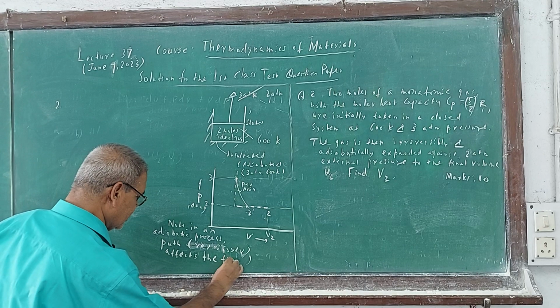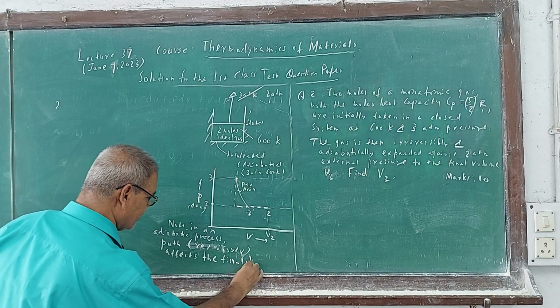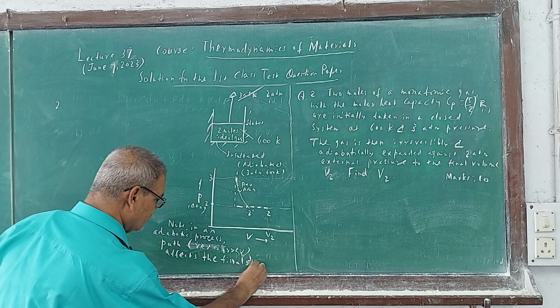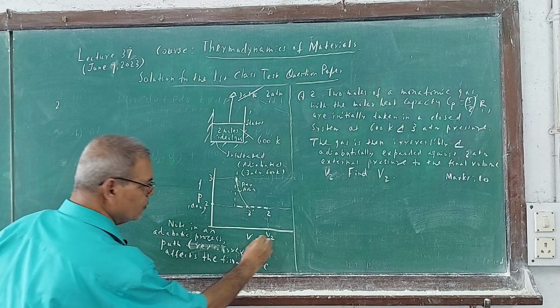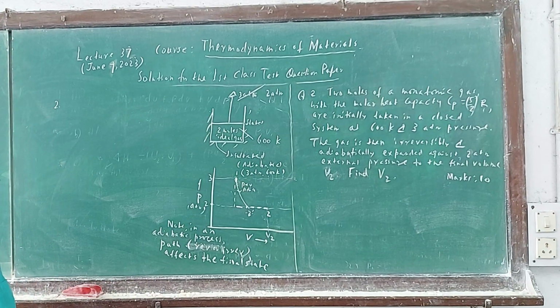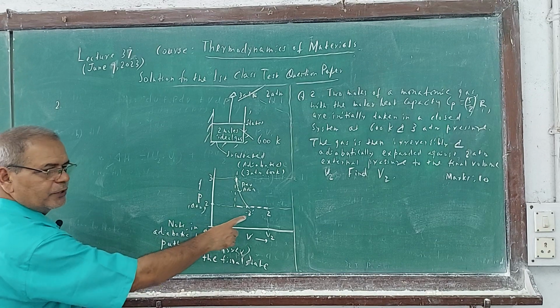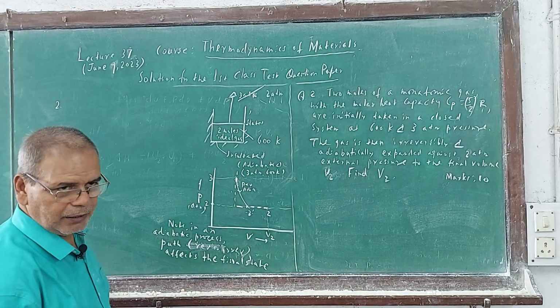As you have seen, the final state has been affected, with volume V2, corresponding temperature T2, and pressure of course 2 atmosphere. But 2 prime is the reversible endpoint.